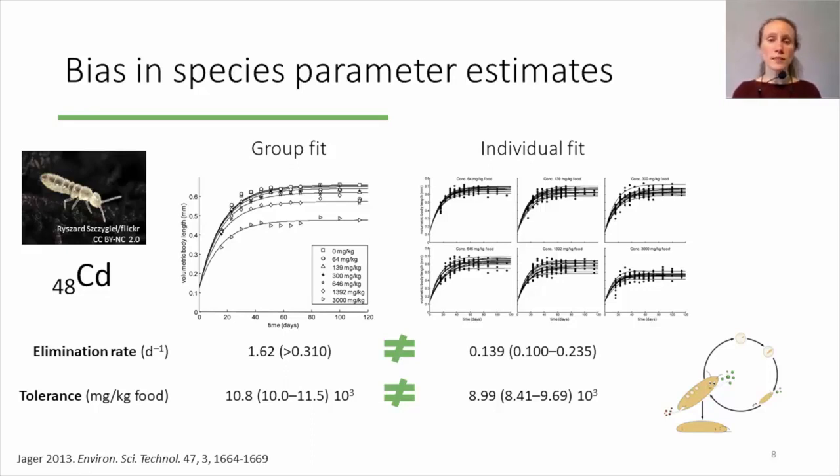And so each curve you see is actually a growth curve for one treatment group with all individuals averaged. And you can see the difference in growth, with decreasing growth with increasing cadmium. And from this data, they could estimate their parameters and also ecotoxicological parameters, such as, for example, here, the elimination rate or the tolerance, so the highest level that the organism can live with.